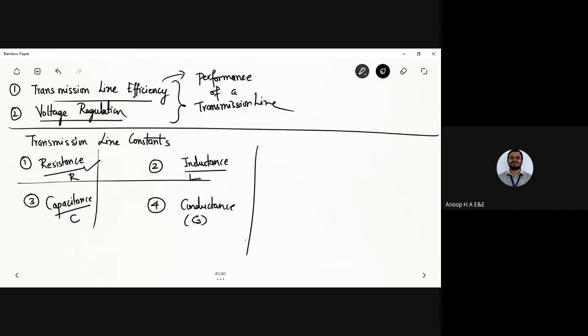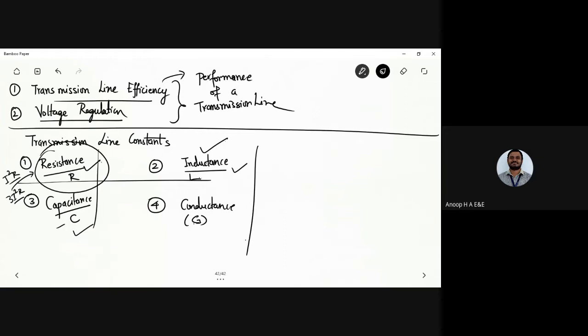Now what we are going to highlight here is the concept of inductance and capacitance, because the losses are due to the resistance, that is the ohmic loss, I squared R for a single phase transmission line and 3 times I squared R for a 3 phase transmission line. The inductance and capacitance are considered the predominant parameters in transmission lines.